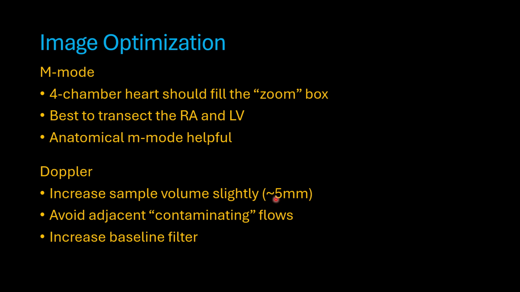But beware, if you increase more than 5 millimeters, you may pick up some contaminating flows that are adjacent, as shown here. A good example would be the left pulmonary venous flow in the 4-chamber view. You can accidentally pick up some descending aortic chatter on the baseline if you're not careful.